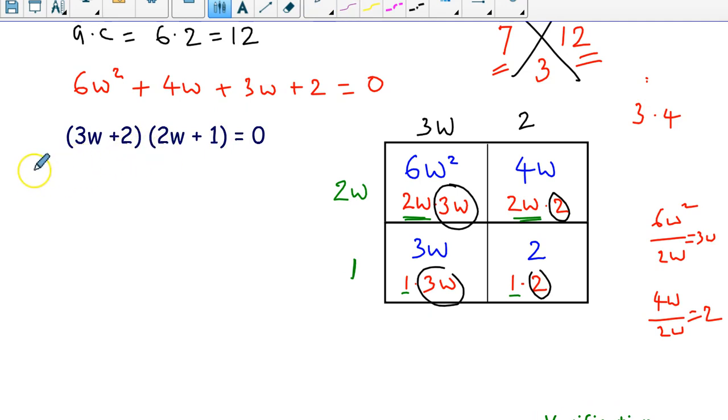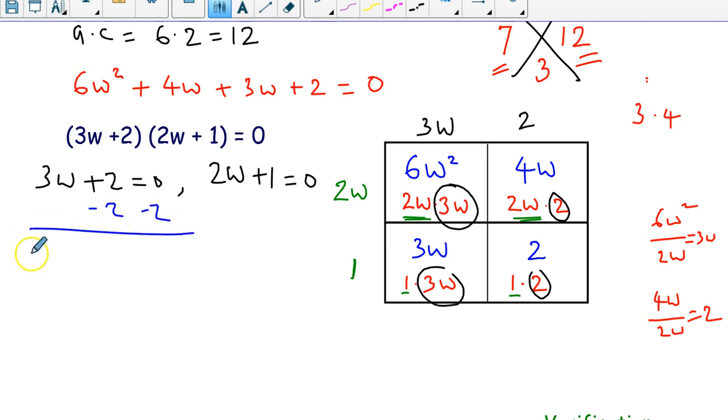So the first one is 3W + 2 = 0, and the second, 2W + 1 = 0. That quadratic has now changed into two linear equations, and we have to solve those two. To cancel out 2 from the left hand side, I will subtract 2.